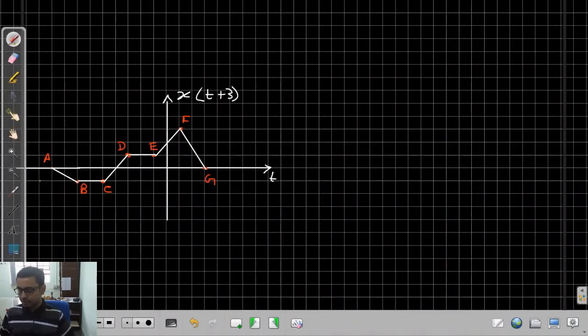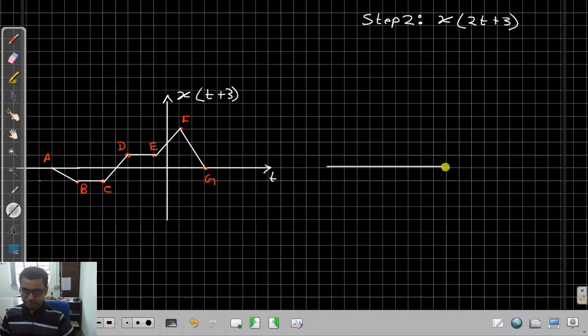And here we start step 2 to find x(2t plus 3). We are going to find x(2t plus 3).